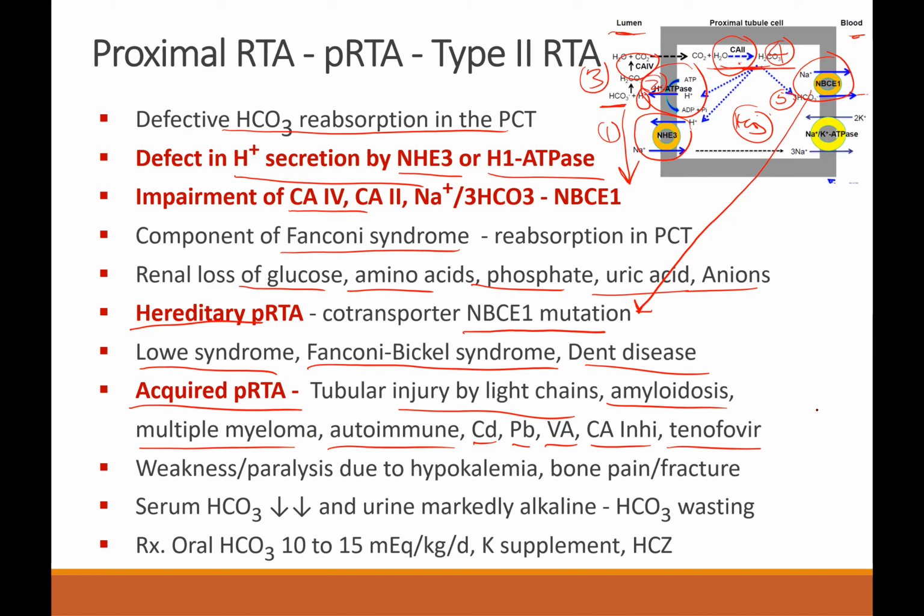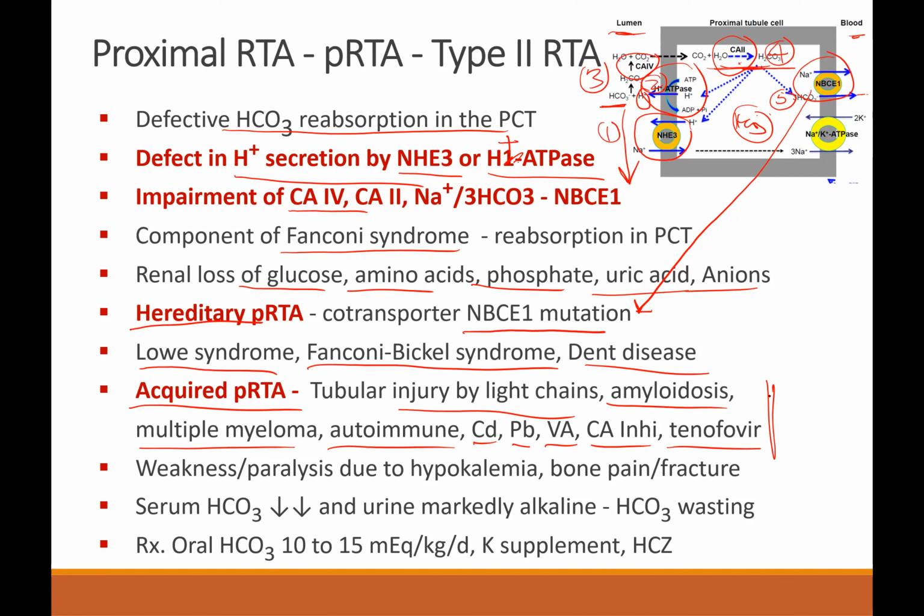NHE3, H plus ATPase, CA4, CA2, or the NBCE1. Any one of them may be damaged by these causes. Particularly when you are treating a patient with combined antiviral agents, tenofovir can cause renal tubular acidosis.